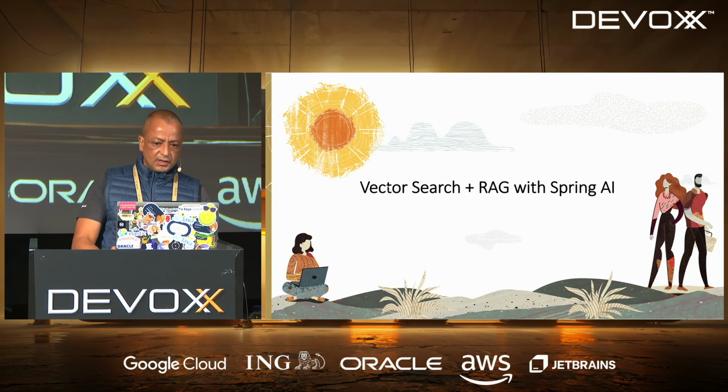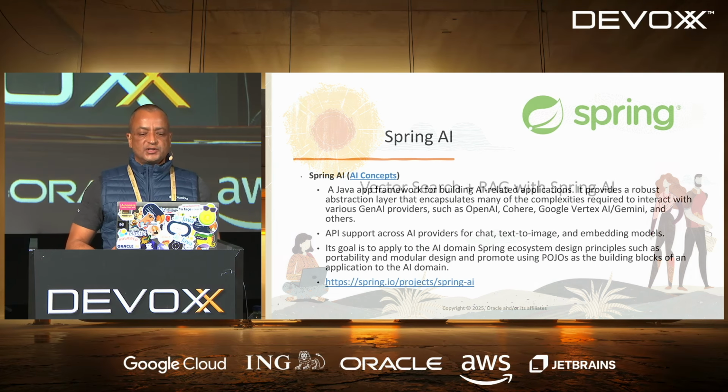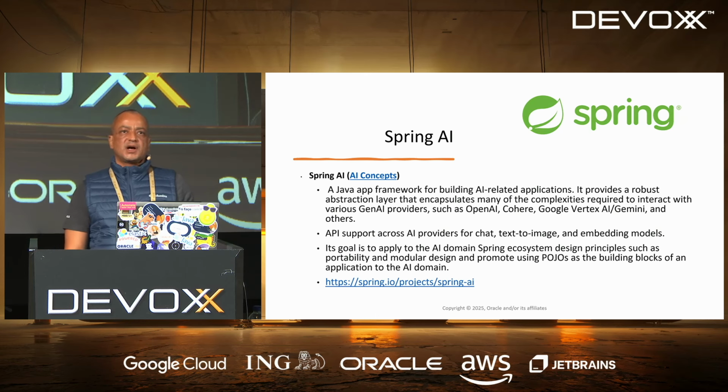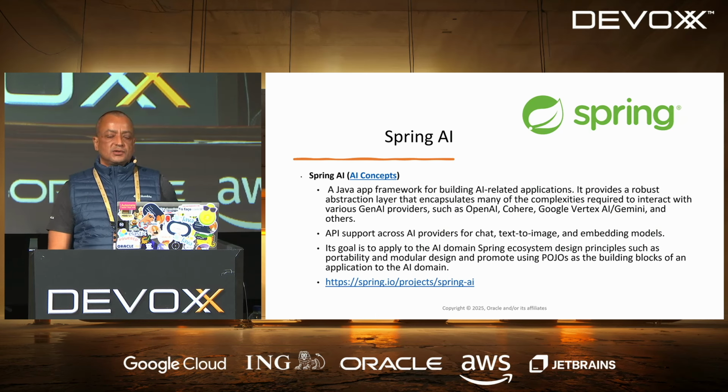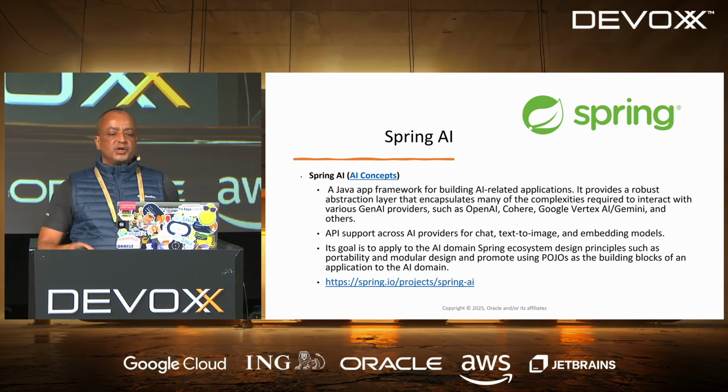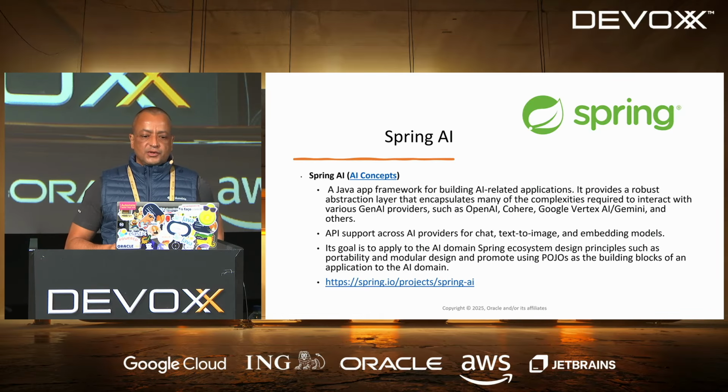So now let's have a look at RAG with Spring AI. Again, I don't want to overemphasize how good the project and the documentation is. It's under the same Spring ecosystem umbrella. Spring Boot, Spring Framework, everything is there for you.